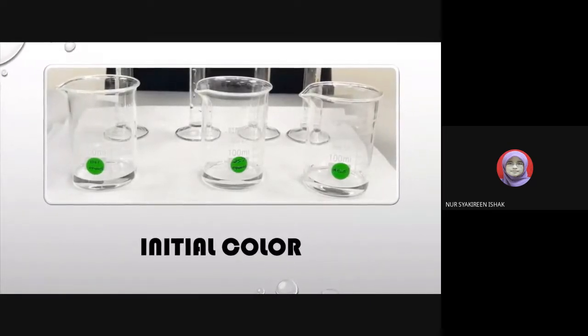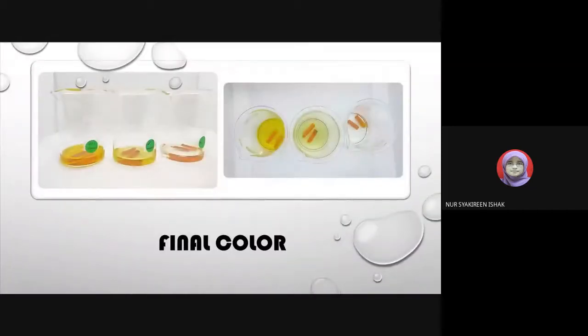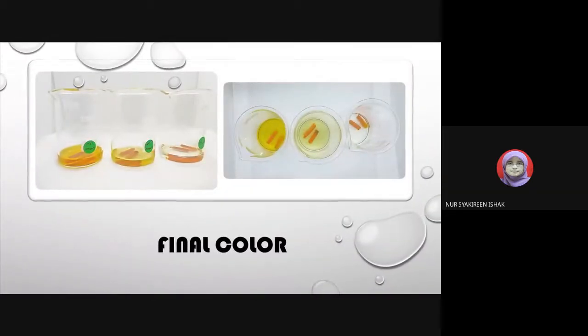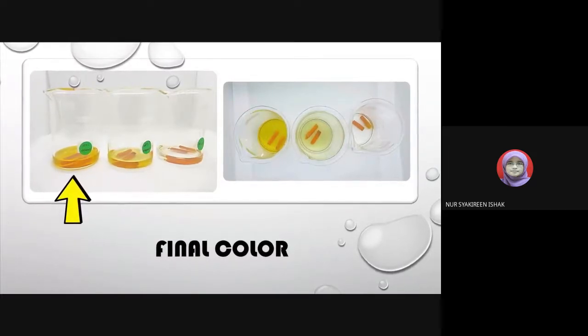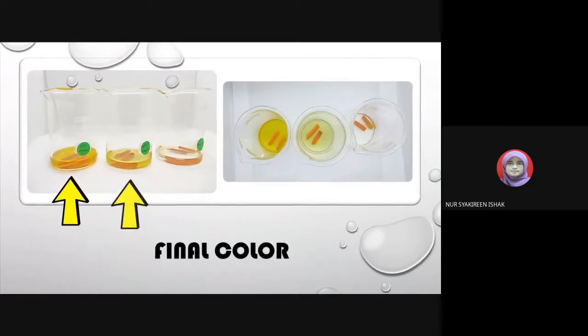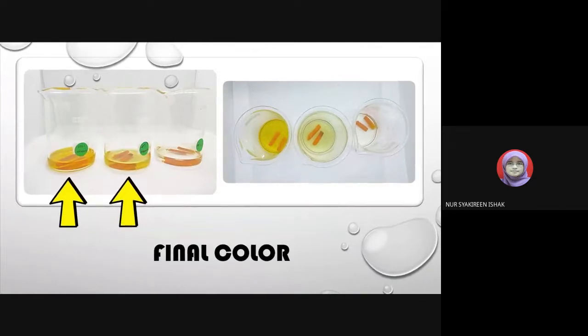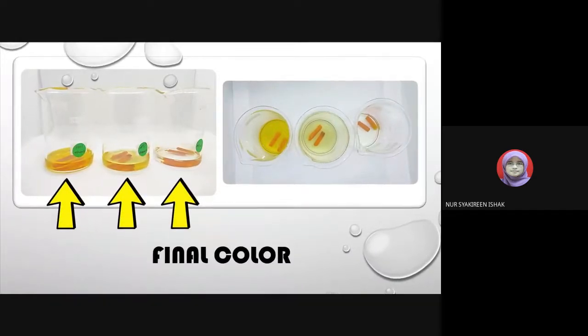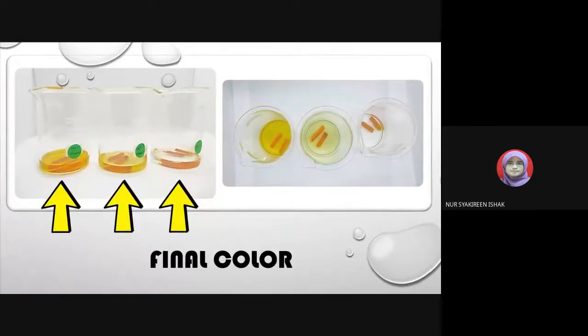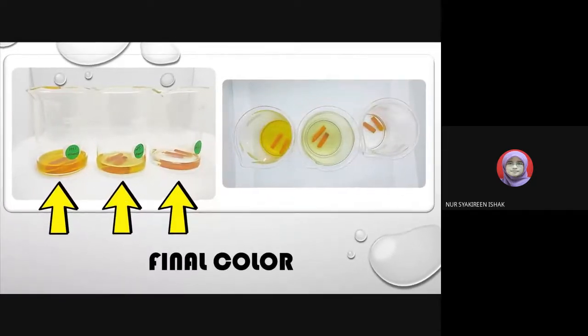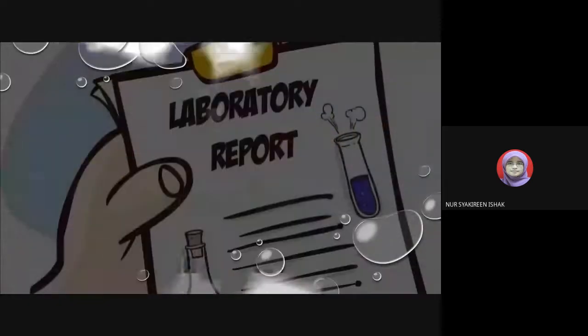They are all colorless. After 15 minutes, the solution changes in color. This is 100% ethanol, this is 25% ethanol, and this is distilled water. Describe the color. You may also put this figure in your datasheet experiment.